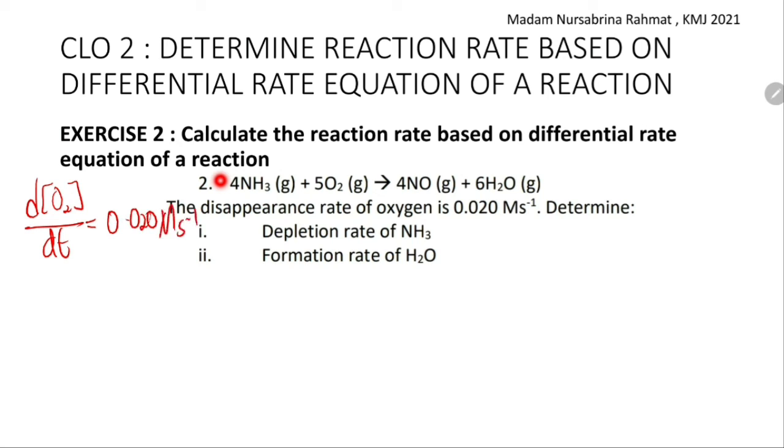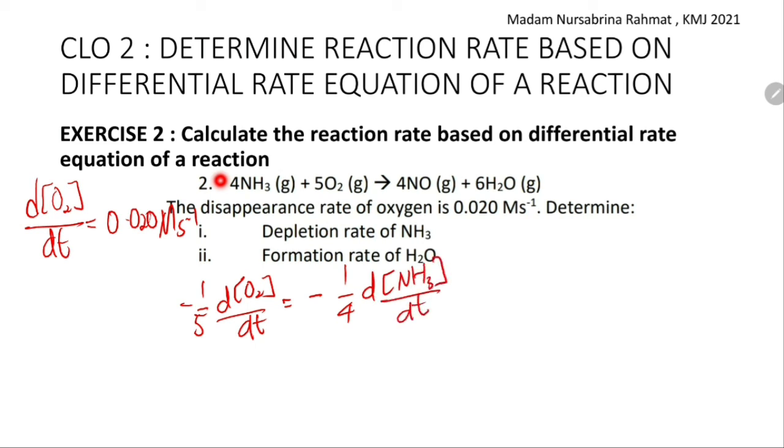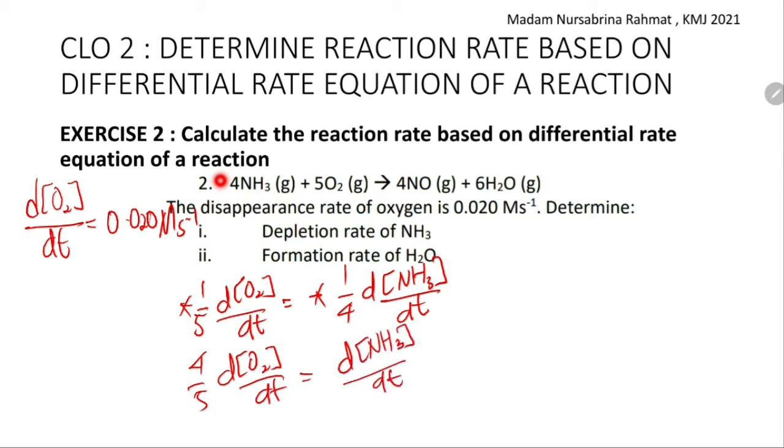So let's solve for depletion rate of ammonia first. Negative 1 over 5 d[O2]/dt equals to negative 1 over 4 d[NH3]/dt. I have to rearrange the numbers first, and like I said before, we can simply ignore the sign here, so it becomes 4 over 5 d[O2]/dt equals to d[NH3]/dt, which is the rate of reaction for my ammonia.